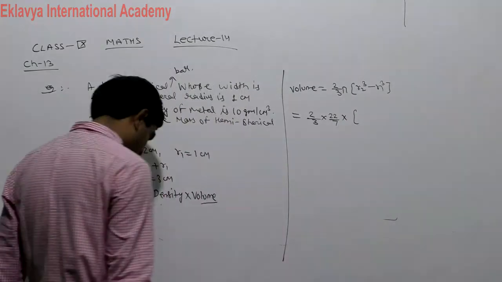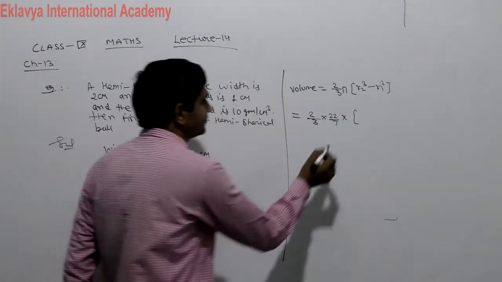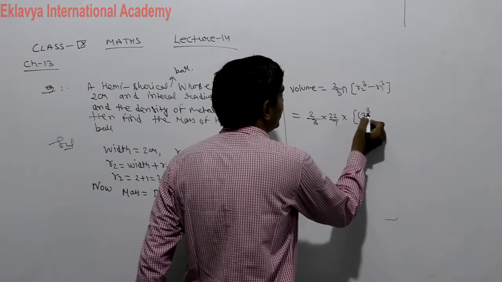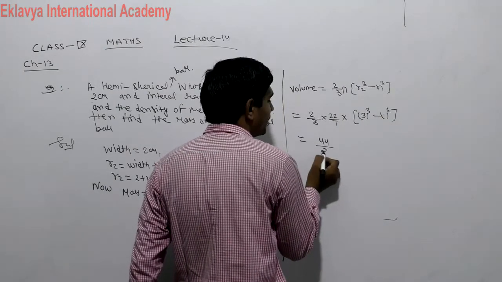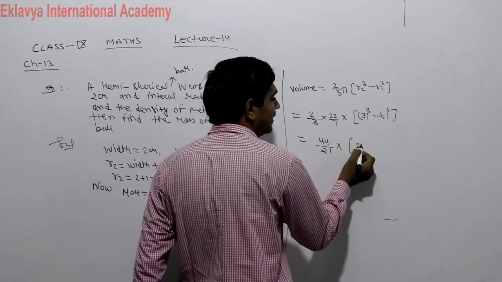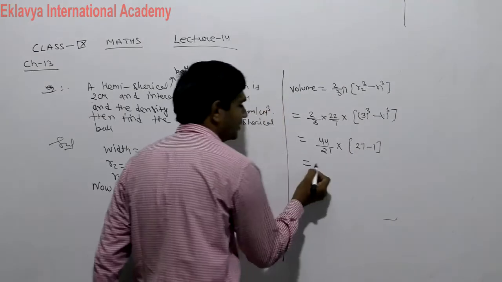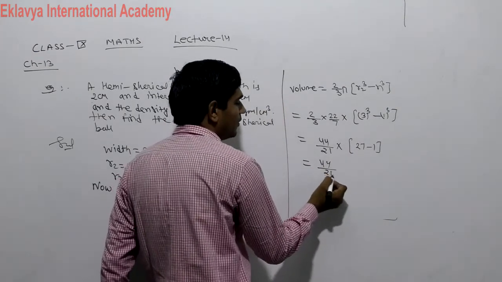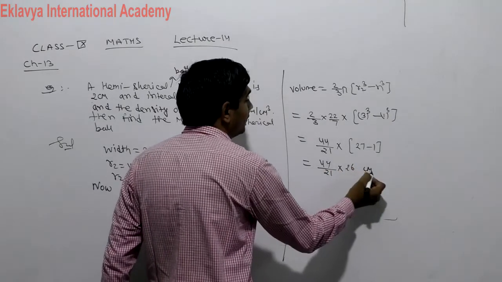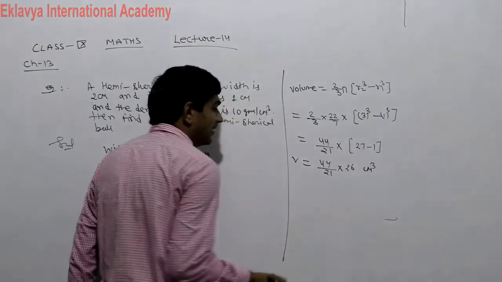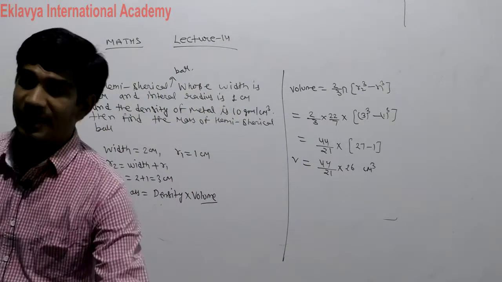What is the value of r2? 3. 3 power 3 minus 1 power 3, 44 upon 21, 3 power 3 is 27 minus 1, 44 upon 21, then 26, which will come in centimeter cube. That is the volume of the hemispherical ball.